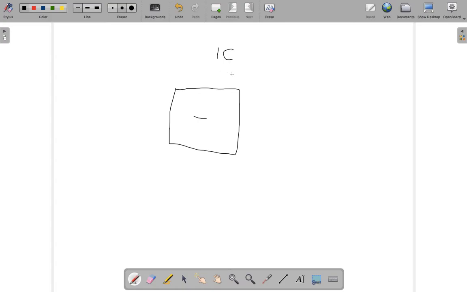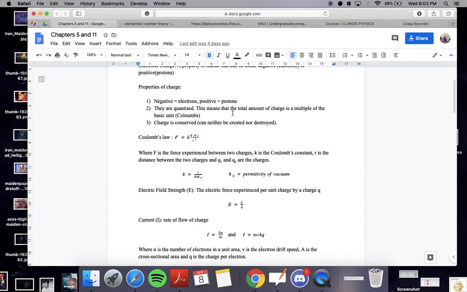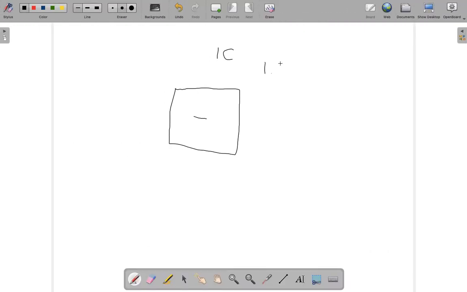This here is a multiple of the basic unit, as I said, which is 1.6 times 10 to the power minus 19 coulombs.